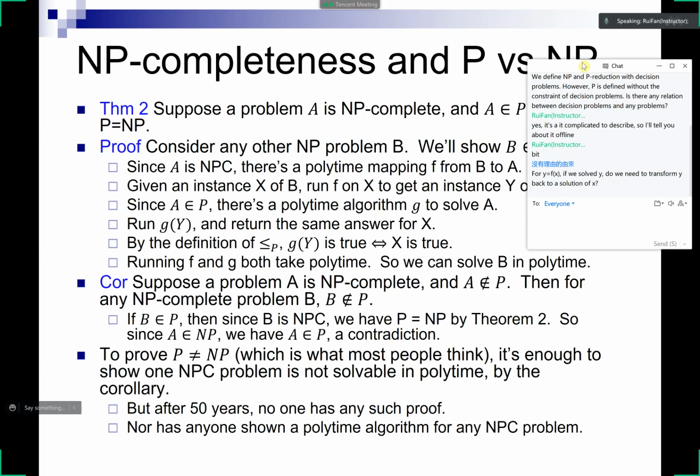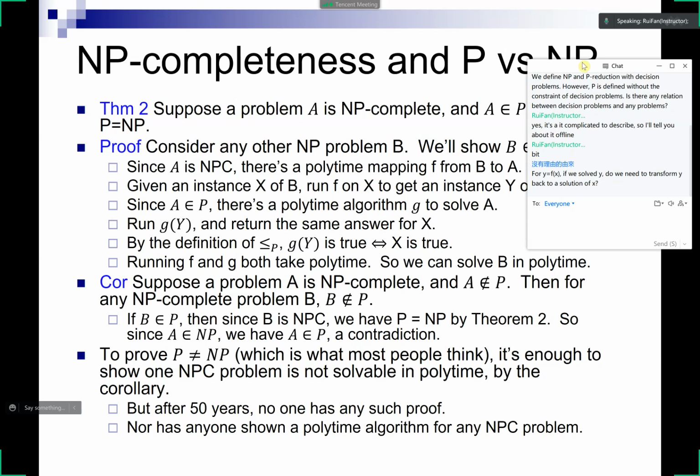Somebody else was also asking, can you define P versus NP for problems which are not decision problems? So what if I actually want to find the solution? Like if I give you a factoring problem, I'm not just asking whether it has a non-trivial factor, but I actually want to find a factor.